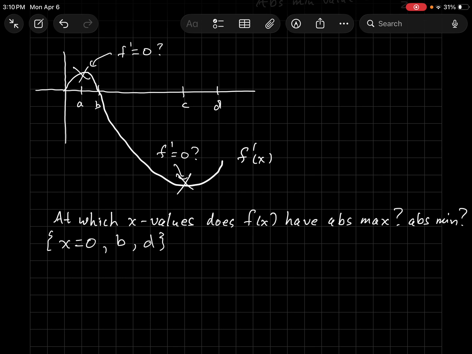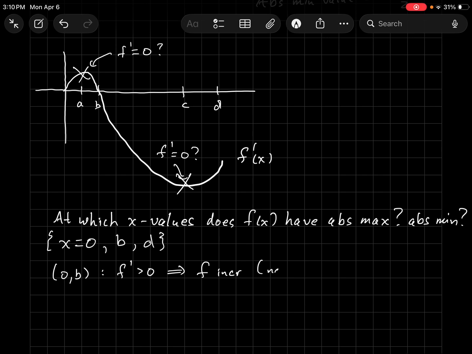So how do we determine which one is the biggest and the smallest? We're going to give a reasonable answer, not a proof again, but hopefully one that makes sense. So let's look at the first interval, say 0 to b. Notice that f prime is positive, because we have the graph of f prime, which means that f is increasing, but not a lot.